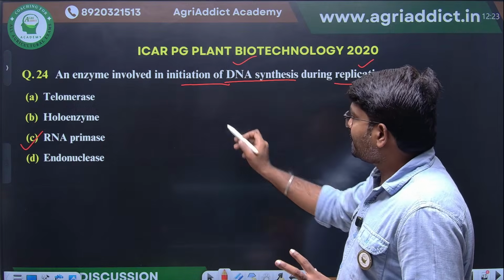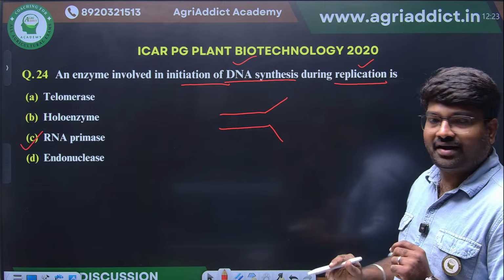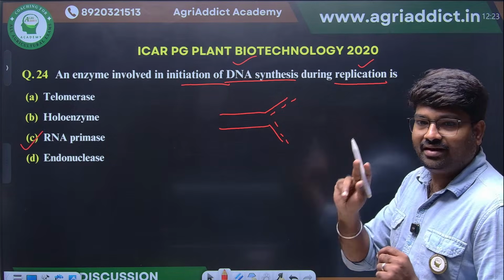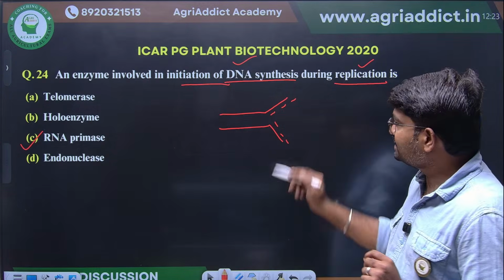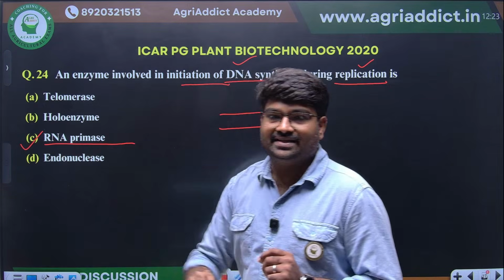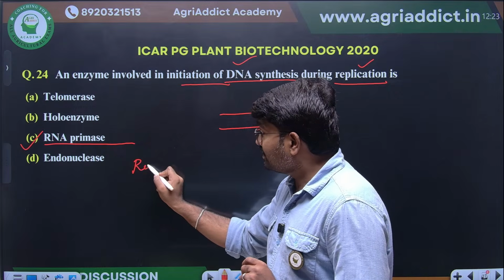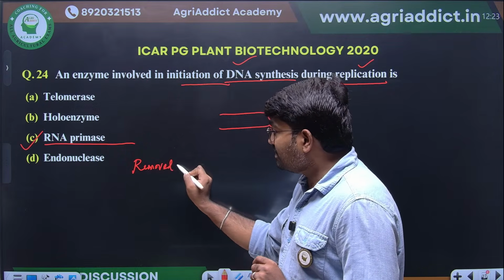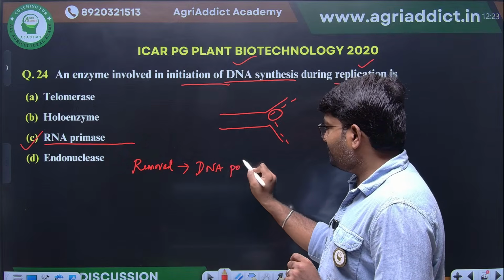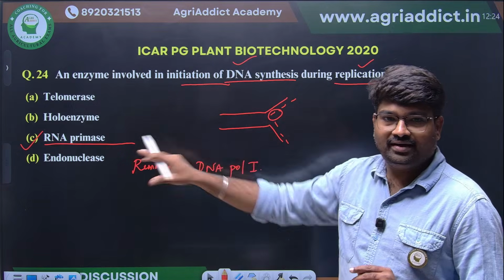We know for DNA replication, RNA primers are required to initiate the synthesis. These primers are synthesized by the RNA primase enzyme. Those primers will be removed by the DNA polymerase 1 enzyme. This question they have already asked in the same year only. We have already discussed that question.